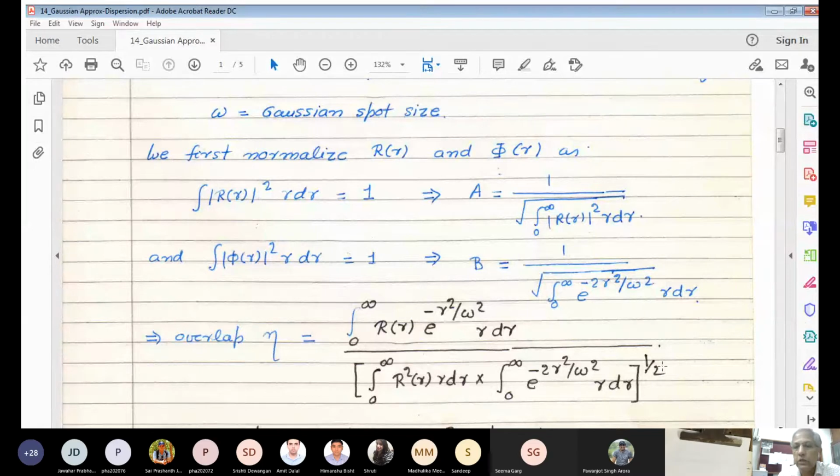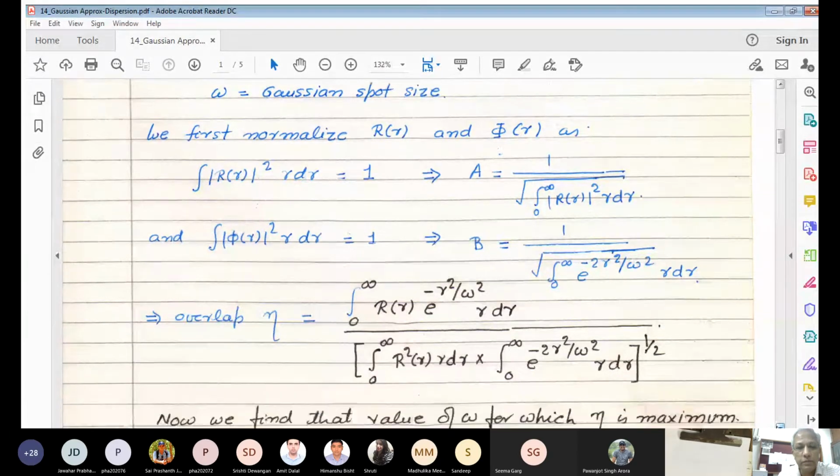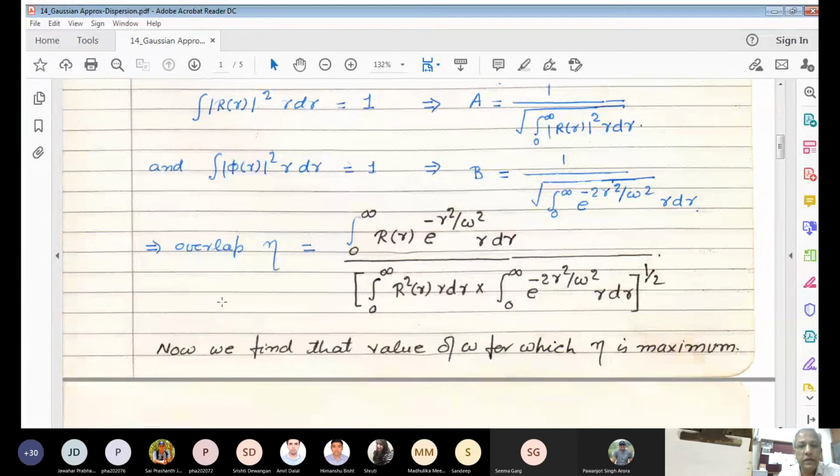Now if you calculate the overlap integral, that overlap integral is basically this. This is the product of the two functions in the numerator and integral, and these are the normalization factors. By the way, this is also the coupling efficiency. If you launch a Gaussian beam at the input end of a fiber, then this is the coupling efficiency from the Gaussian beam to the fundamental mode.